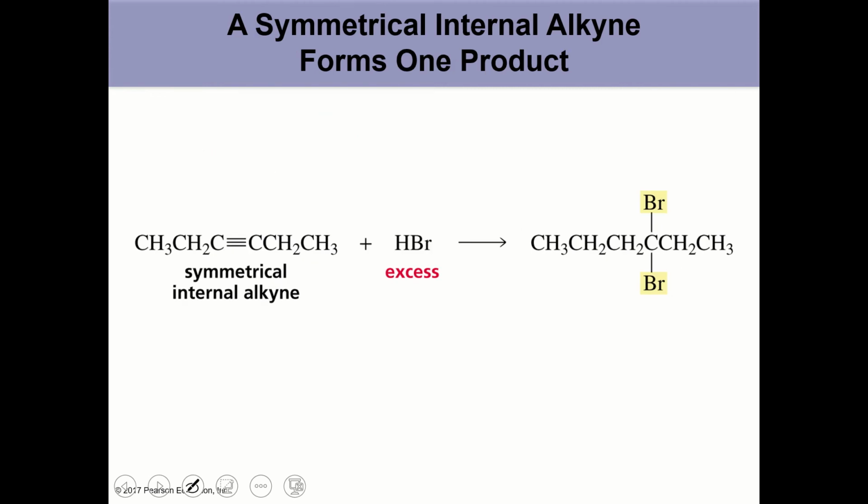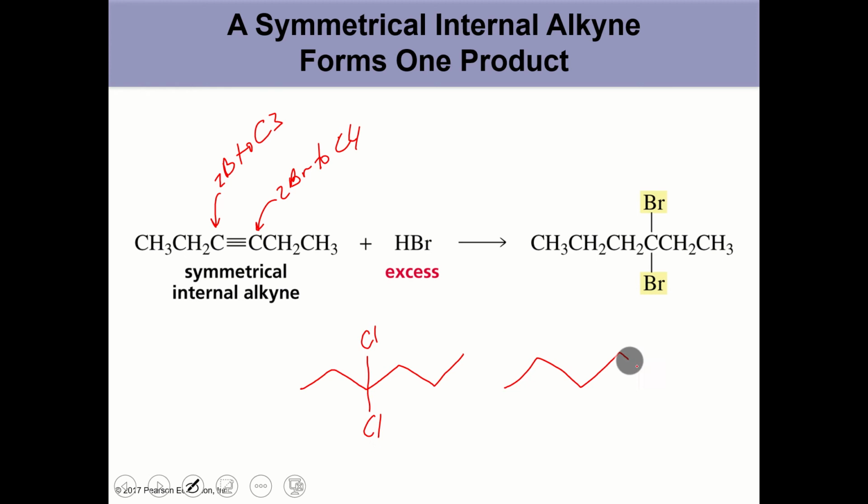For a symmetric alkyne, we can add 2 Br to C3 and 2 Br to C4, but if you draw those products, you should note that they are the same thing.